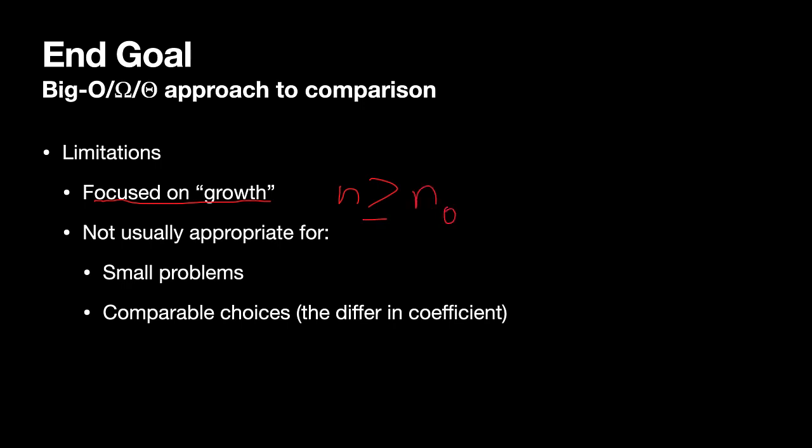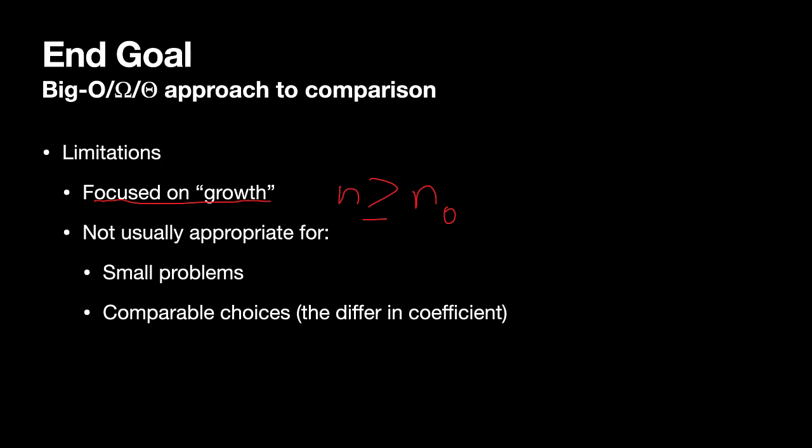So what we're really focused on is what happens as our problem size increases, and getting to some crossover point where we can clearly say that one thing is bounded by another, and our three different types of functions, O, omega, and theta, are different forms of those boundaries.